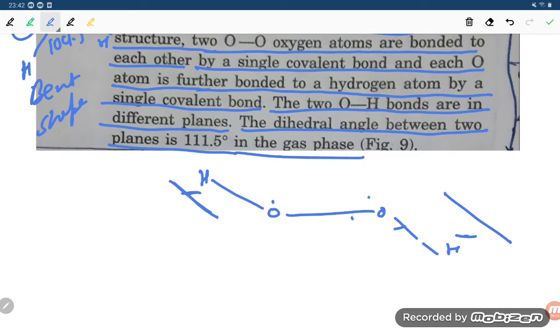If you talk about the gas phase, it is 94.8, in the gas phase 94.8. And dihedral angle means this angle here, 111.5. This is the dihedral angle between the two planes, 111.5.